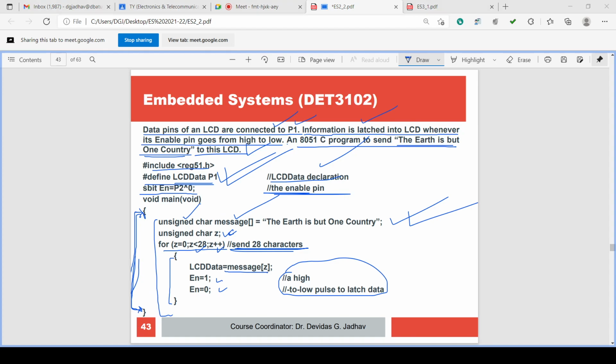In this way the LCD display is connected to the port and we send the data to be displayed to the LCD display.